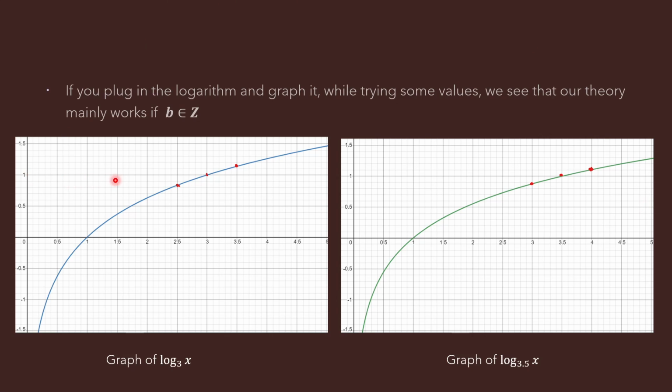I took these values for each of them, and I played around with them and discovered that the theory that we're trying to prove only works if b is an integer. So in the case of log base 3 it works, but in the case of log base 3.5 it does not work. So I know this, but I don't know if this is a sufficient or necessary condition. I still don't know it yet. It's just something that I came upon.